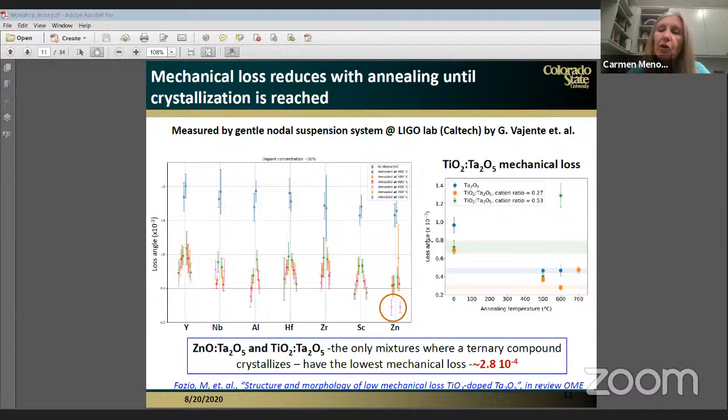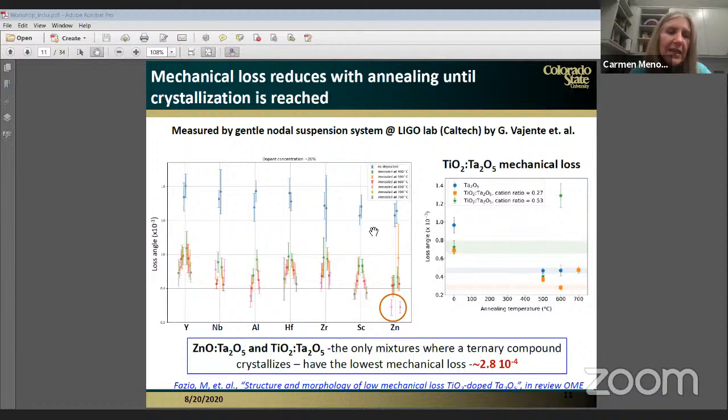We send coated substrates to a colleague at Caltech, where he measures mechanical loss. And the way that it is done is, imagine this is my substrate, and then I touch here in a very controlled way, and then the substrate starts to oscillate, and we measure these oscillations, and then we analyze these oscillations to determine the mechanical loss.